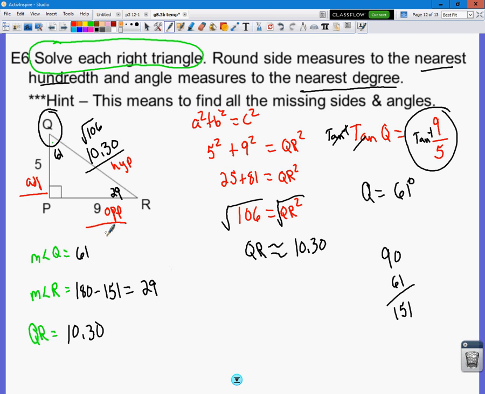Could you have found Q first and then used like sine or cosine? Yes, you could. I can tell you why I used the Pythagorean theorem. This 61, is it exact? No, it's rounded.